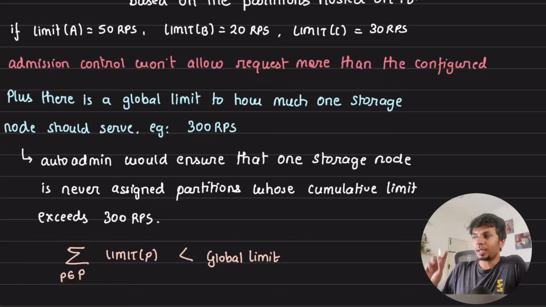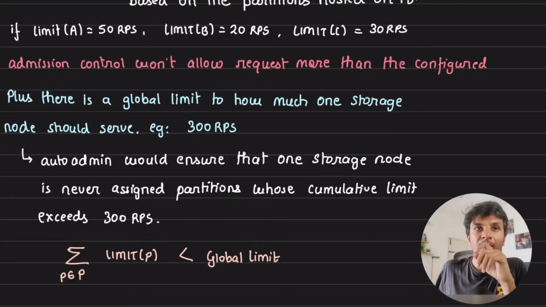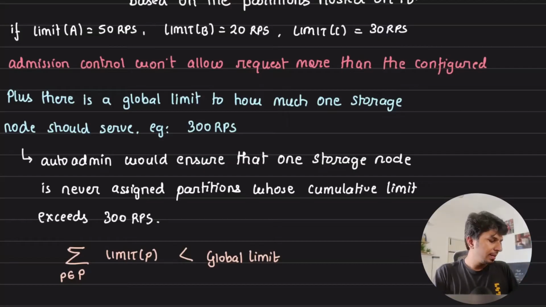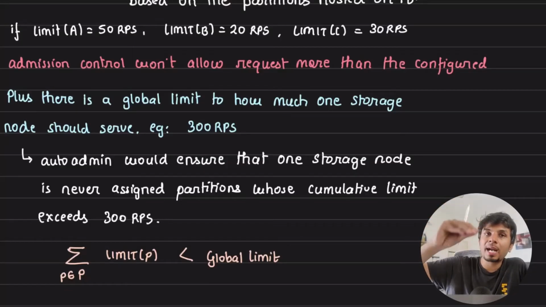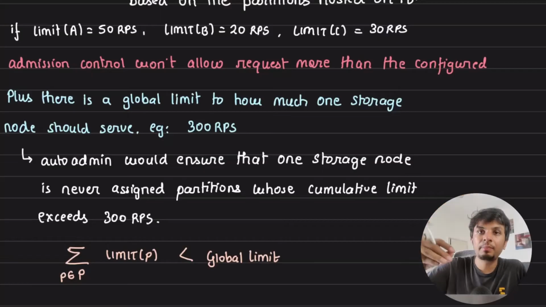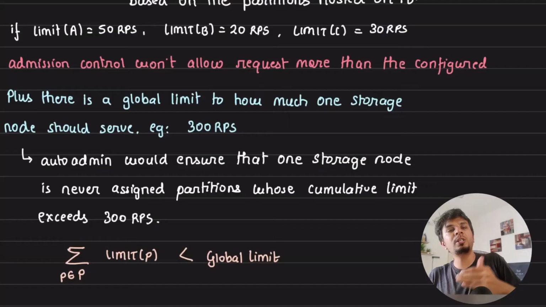Now, the auto admin service that we talked about, the central nervous system of DynamoDB, what it ensures is that at any given point in time on any storage node, the total amount of requests each partition is assigned, because who is assigning capacity to a table? The customer. The customer is saying that, hey, I want 500 requests per second on this table, right?